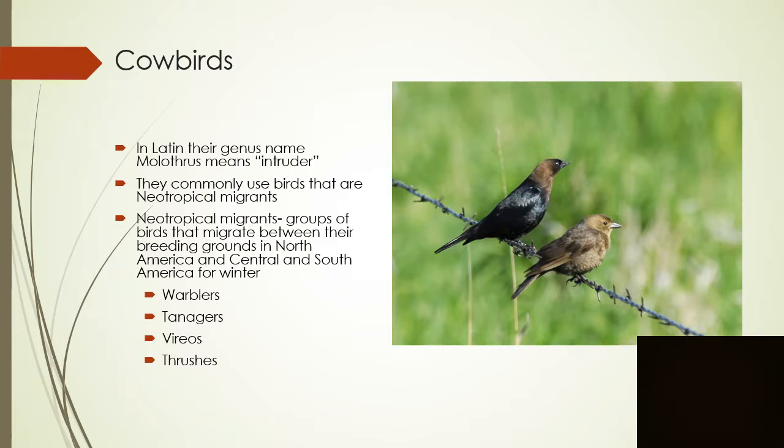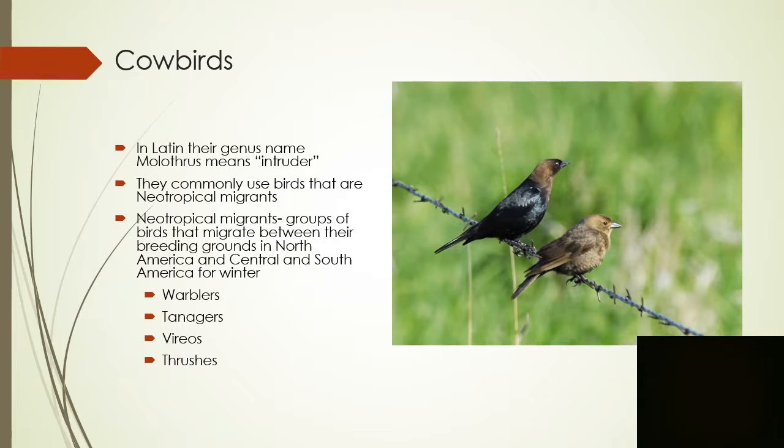The cowbird is a very common parasitic bird. Their Latin genus name, Molothrus, means intruder. They commonly target other birds that are mostly neotropical migrants. Neotropical migrants are groups of birds that migrate between their breeding grounds from North, Central, and South America.